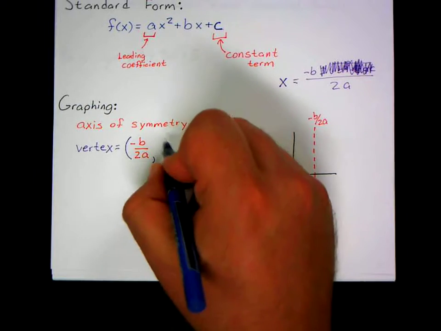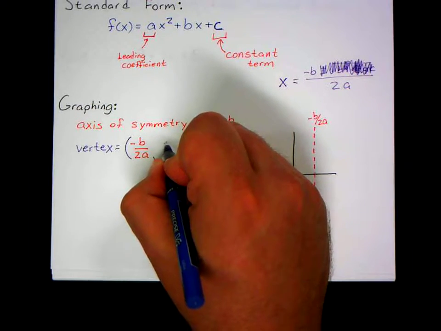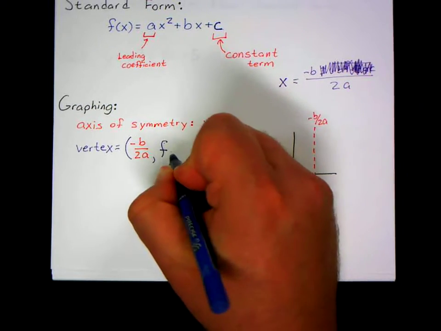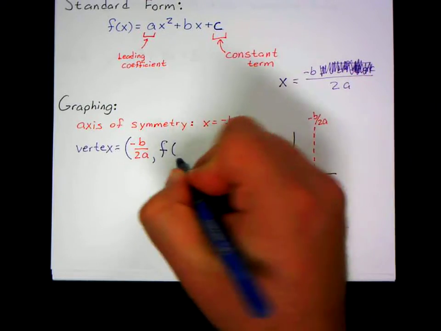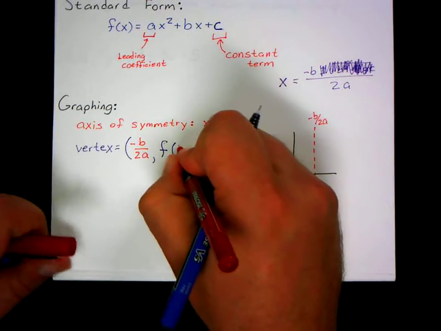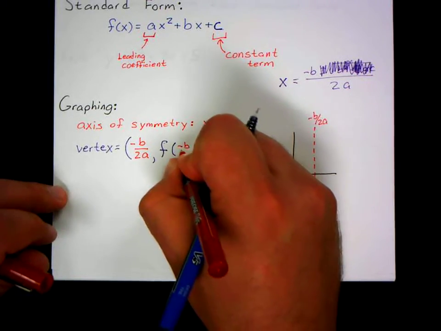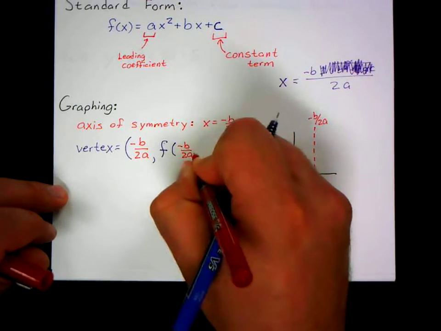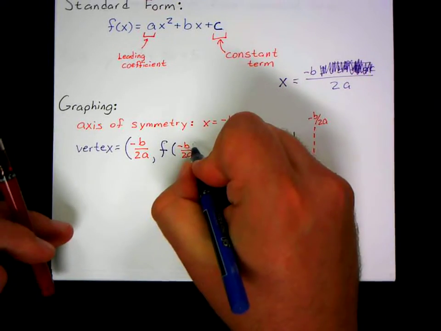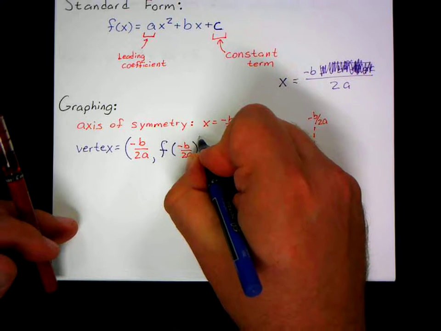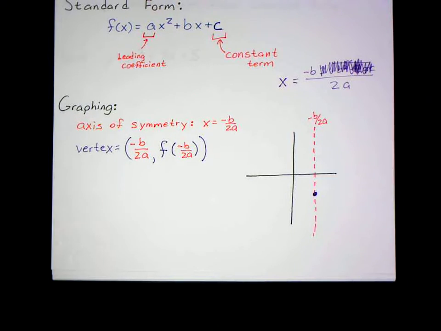Now, to get the y value of our vertex, we take our function and plug in the x value. And that will give us the y value for our vertex.